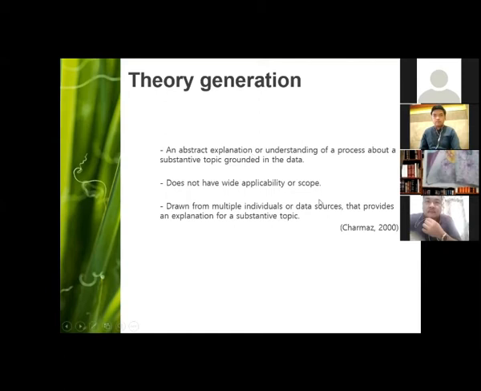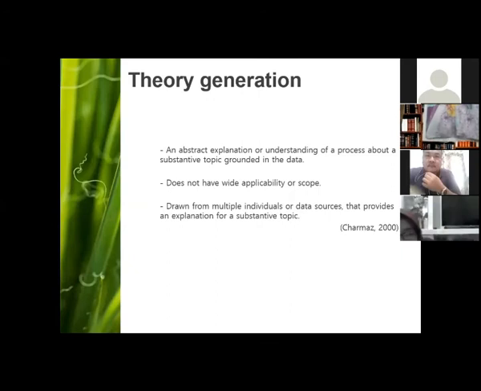This theory in grounded theory research is an abstract explanation or understanding of a process about a substantive topic grounded in the data. Because it is grounded to the data, it does not have wide applicability or scope.